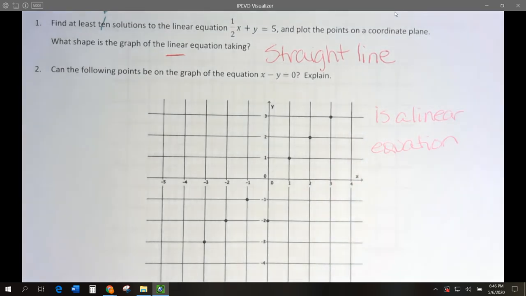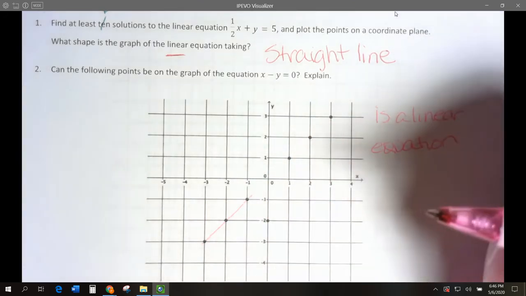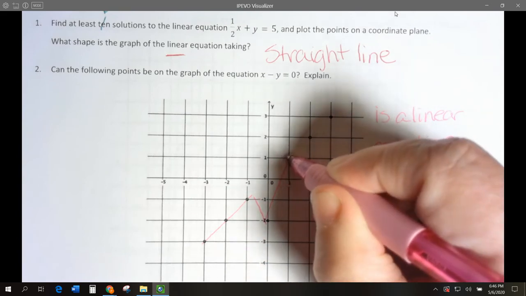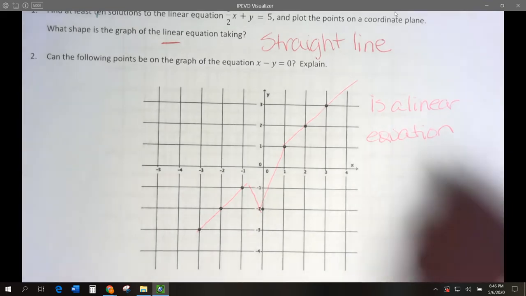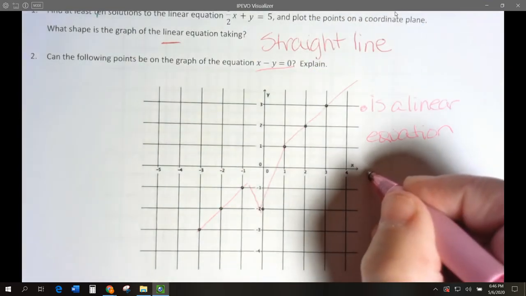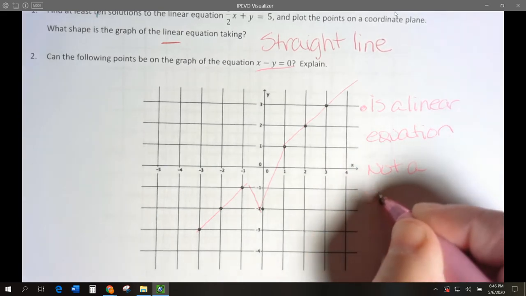So let's connect these points. Does that create a straight line? So the equation is a linear equation, but the line is not a straight line.